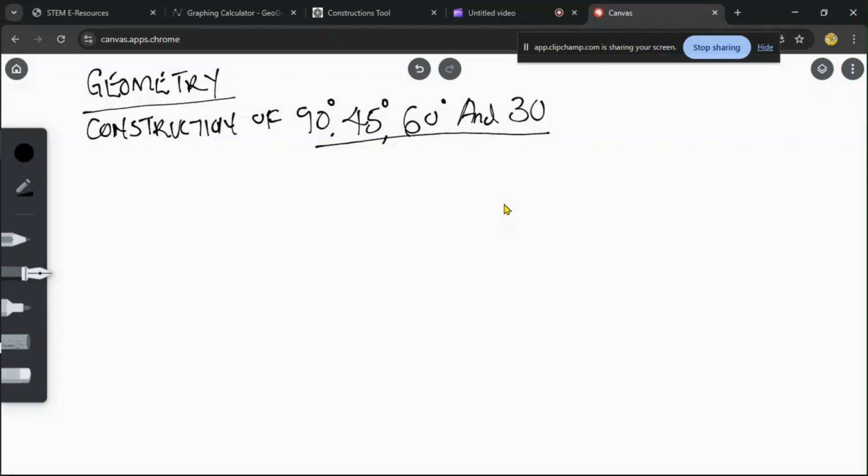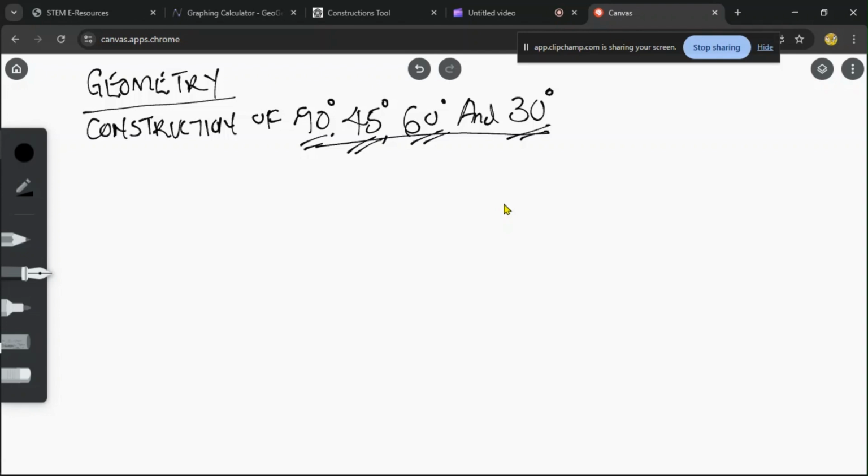So we have 90, 45, 60, and 30 degrees. I want us to take a few minutes to construct these angles before we get back to our question.